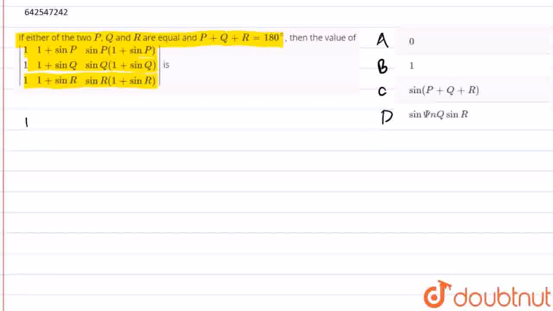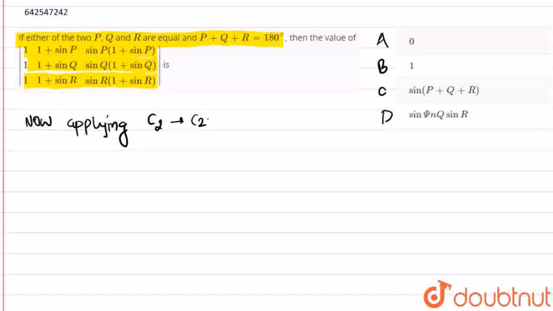So now we apply the column operation, that is, subtract column 1 from column 2, that is C2 is C2 minus C1.